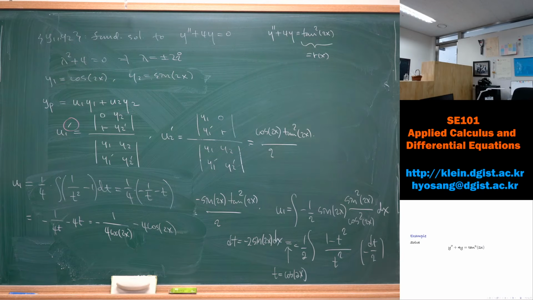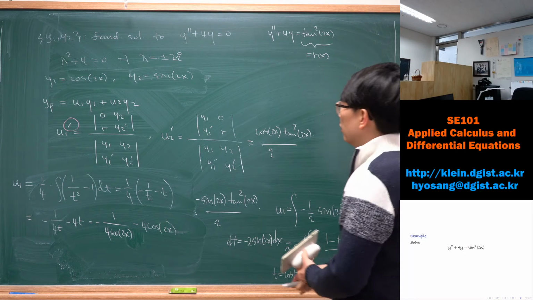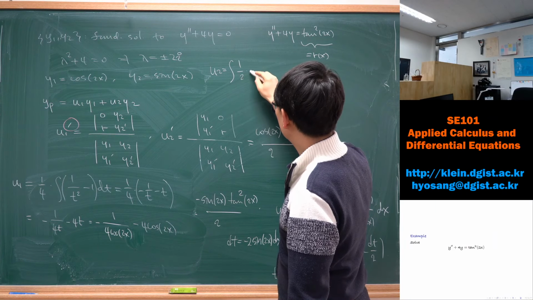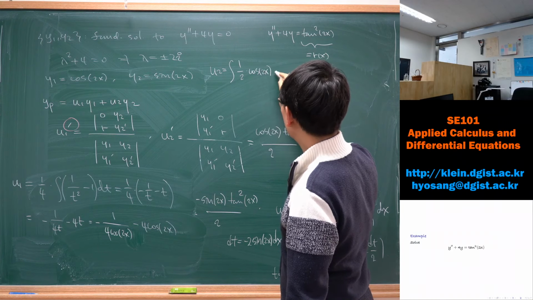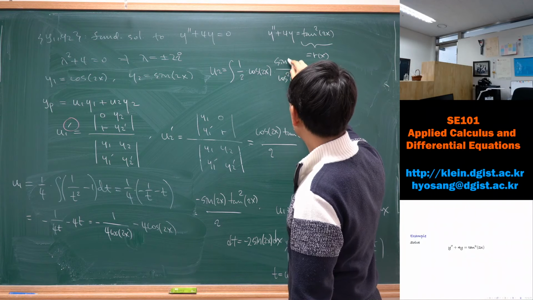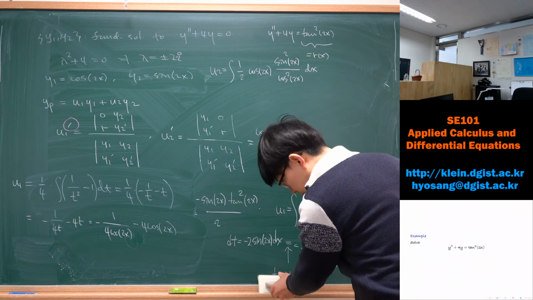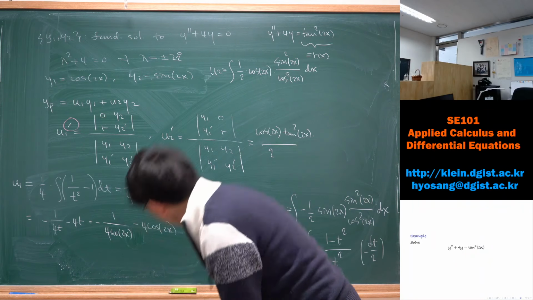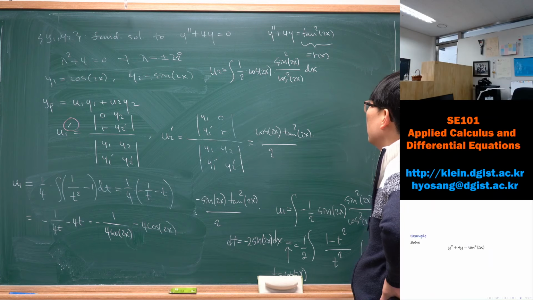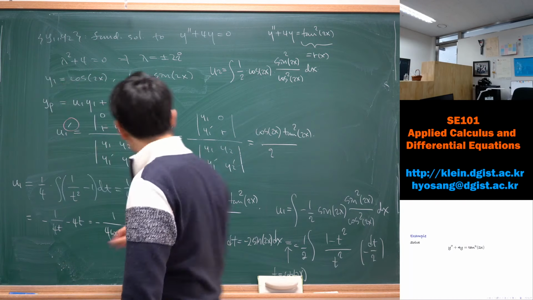Now what about u2? So u2 is the integral of 1 over 2 cosine 2x cosine squared 2x sine 2x dx. And then, well, let's cancel this out.